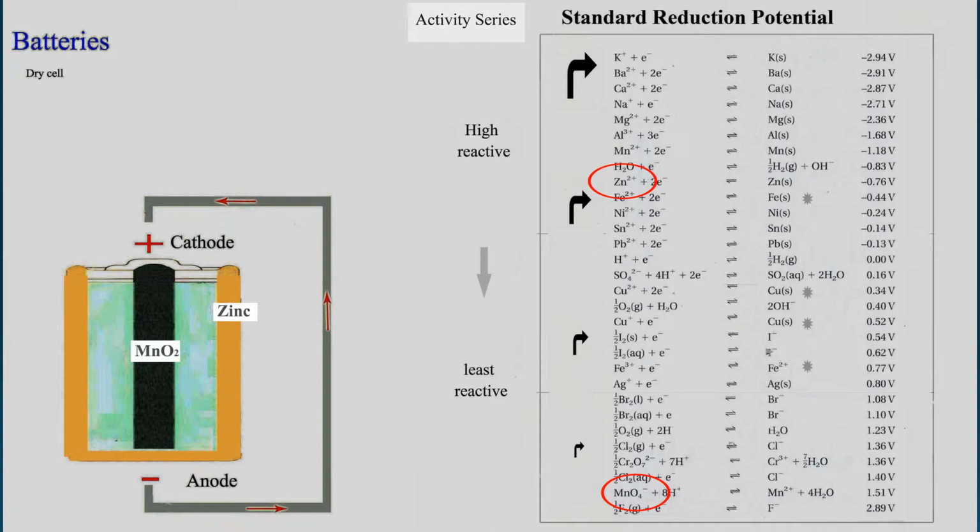Now look at MnO2. In the Year 12 standard reduction potential table, I can only find something similar, which is MnO4, but it will be very similar. What's special about MnO4 or MnO2? They are metal oxides. What's a metal oxide?